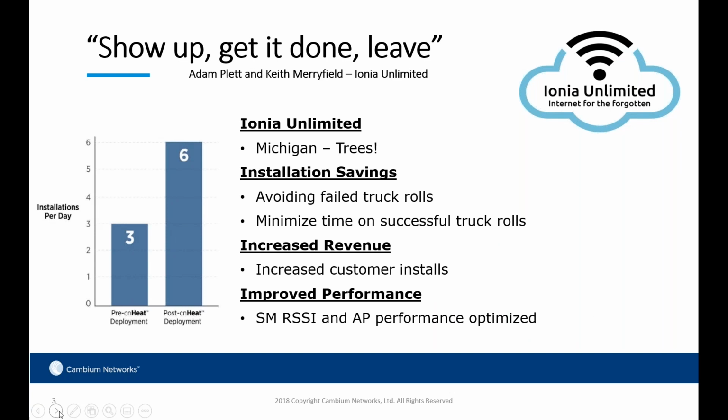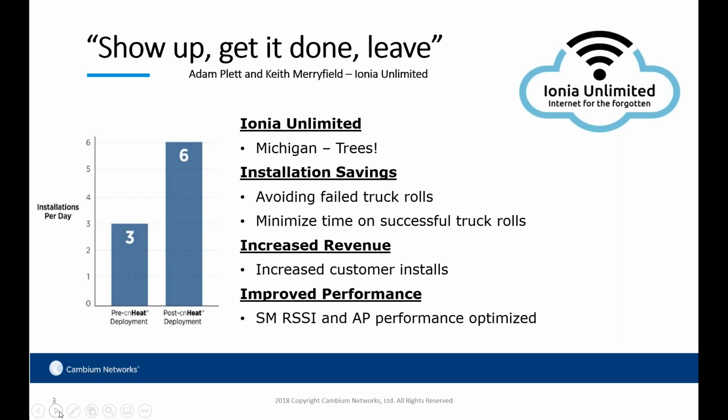So our service area has a lot of dense tree cover. We were spending a lot of time on failed installs due to the trees and other obstacles before we started using cnHeat. I work a full-time job outside of operating the network, and it was wasting a lot of time. So when we started using cnHeat, it let us show up, get it done, and leave.